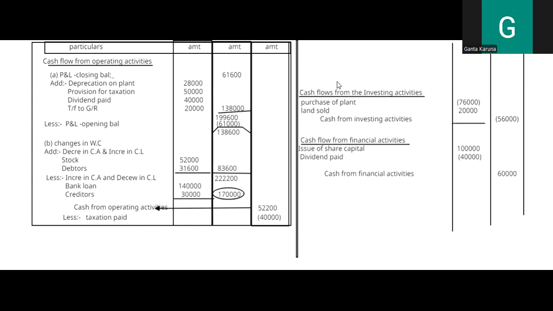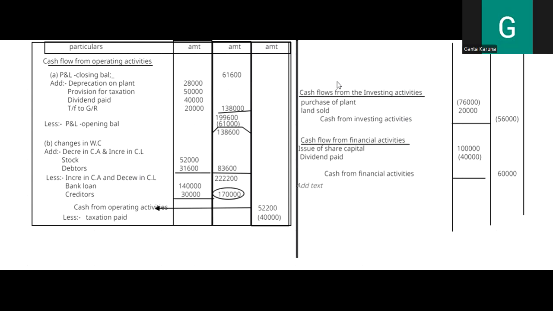Now what are we supposed to take? One thing we still missed out, that is cash and the bank. So what we'll do at the last is, to this one, at the last, we are going to add, add or less.